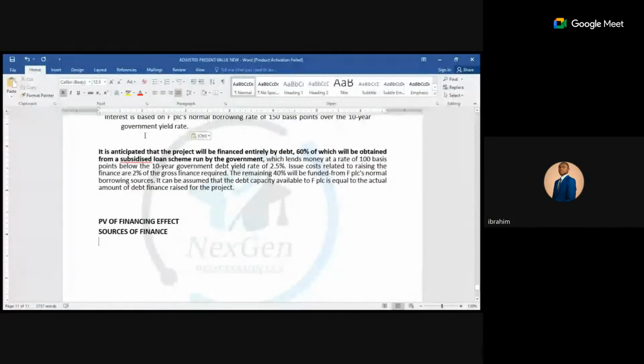So it is anticipated that the project will be financed entirely by debt. Class, if a project is financed entirely by debt, it will include the working capital. Because how else do we get funds to finance the working capital if the project is being financed entirely by debt?